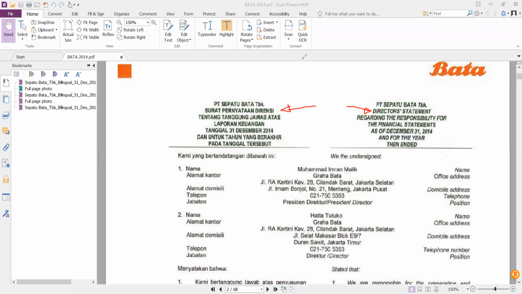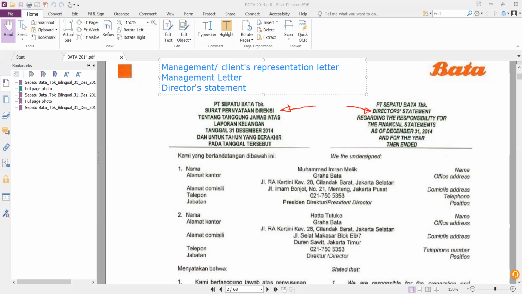First, the client's representation letter or management representation letter. Second is the management letter. And this one is the director's statement. All of these are different.